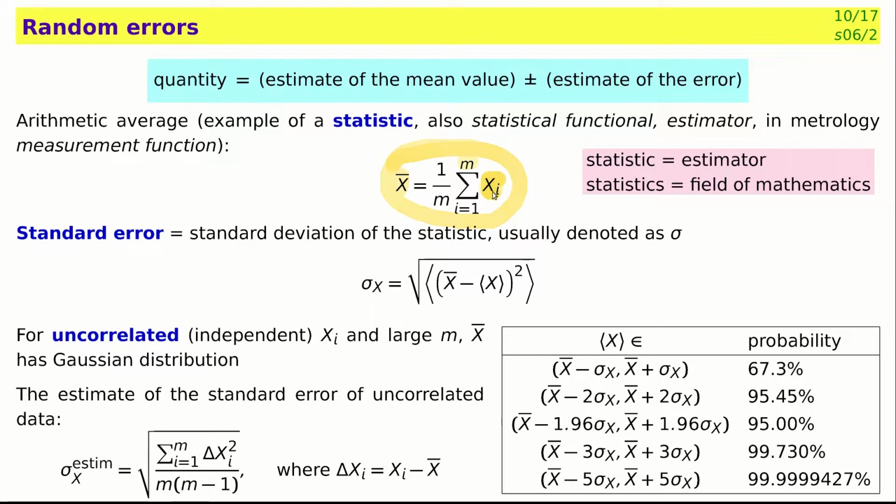Each individual measurement is a random variable. If you measure it, you have a trajectory or realization of this random variable. So you make an average, and it's a number for you because you had m numbers. But at a general level, this is a random variable, and this is also a random variable.